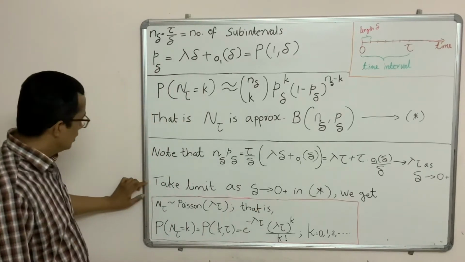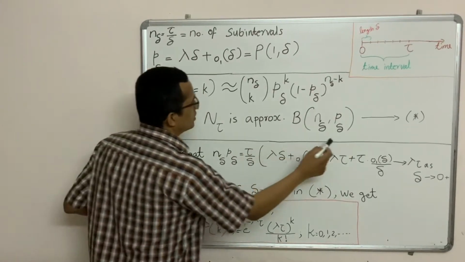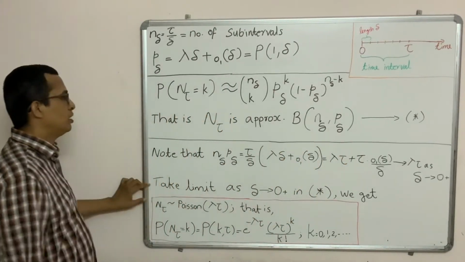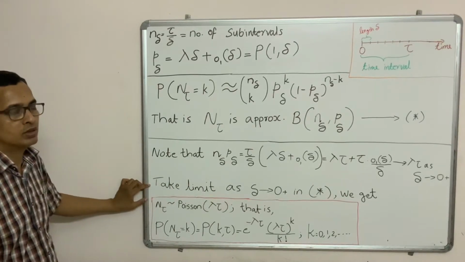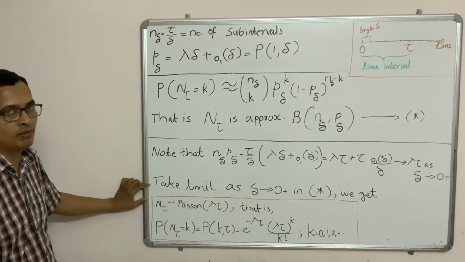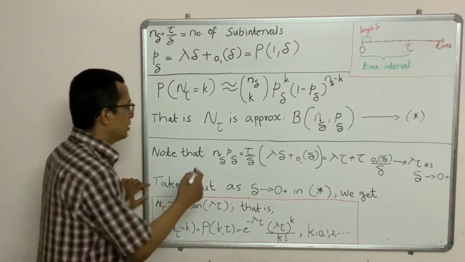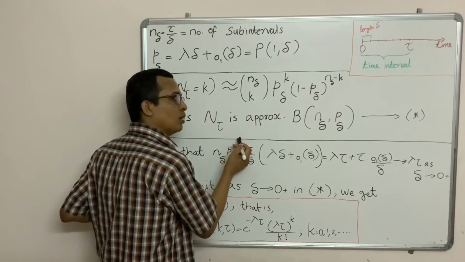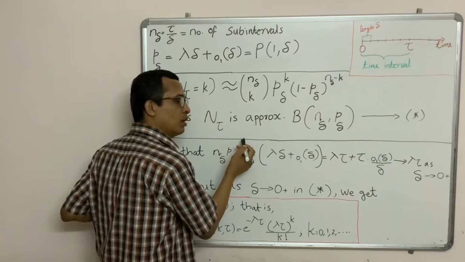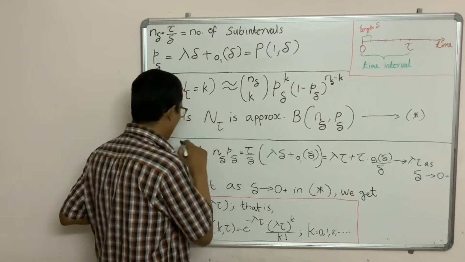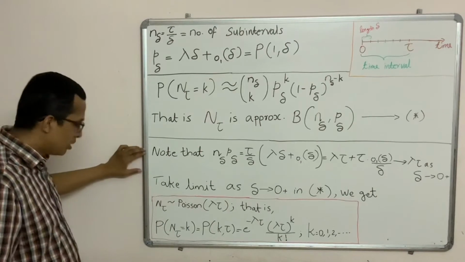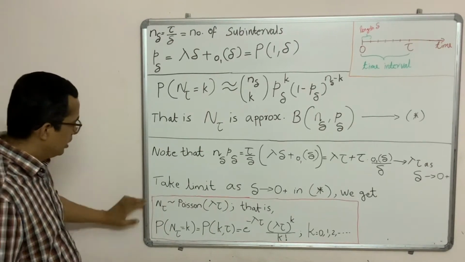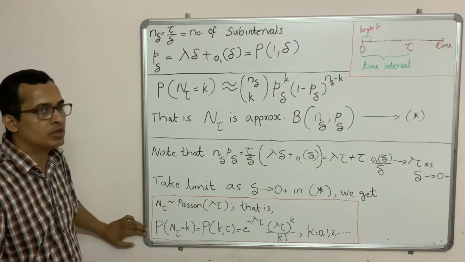So if you substitute this fact in the star equation, where star means n tau, the number of arrivals in the interval 0 to tau is approximately binomial. Now in this star equation, take the limit as delta goes to 0 and use the Poisson approximation of the binomial. We get that this n tau random variable is Poisson with parameter lambda tau.